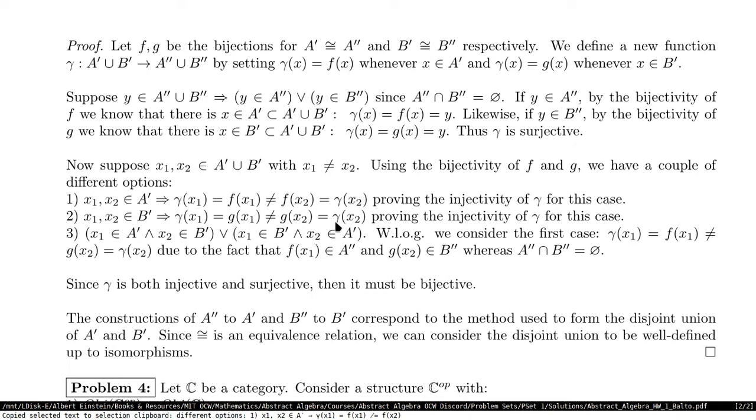So in both cases, gamma happens to be injective, and together with surjectivity, that means gamma is bijective.